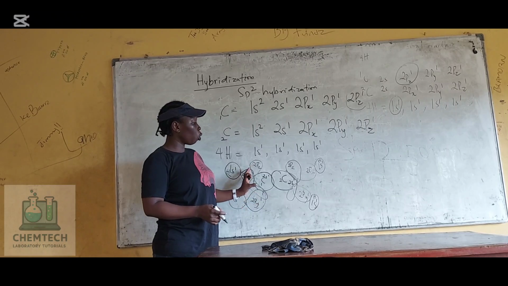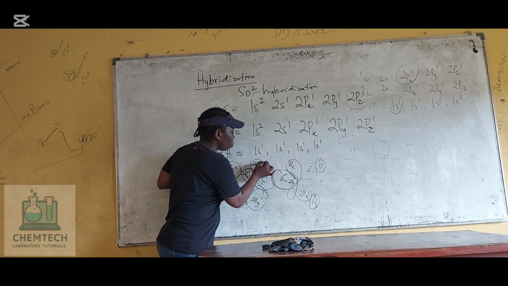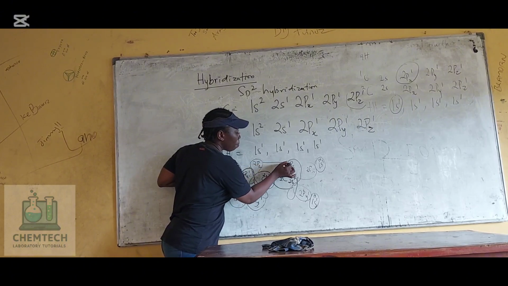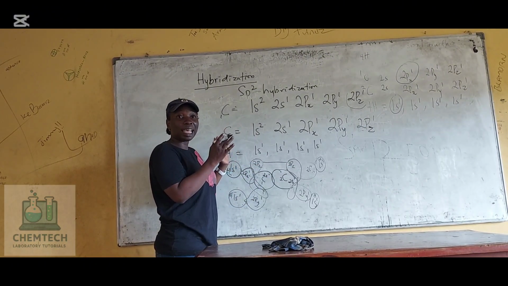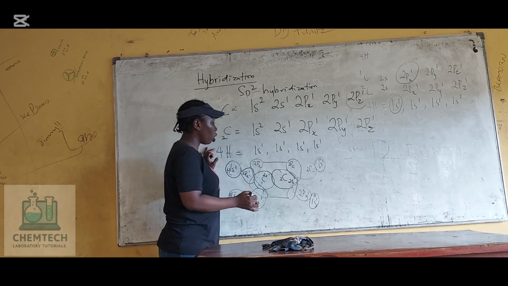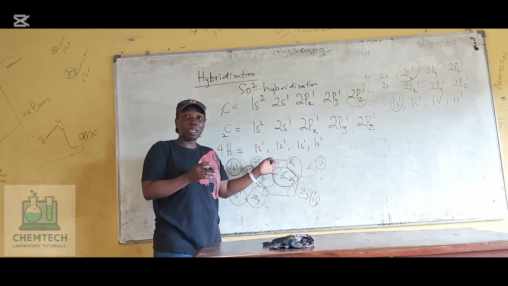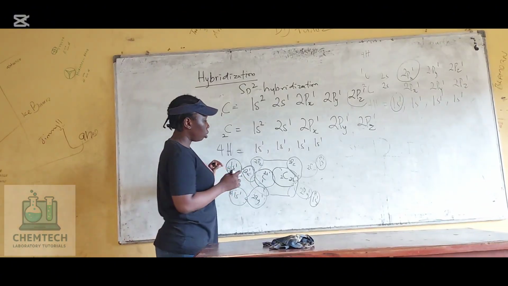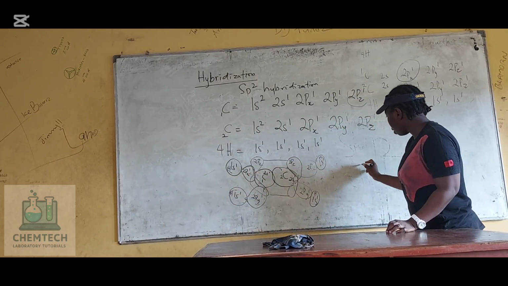So you are seeing the complete picture. And because they are not used for bonding, they will just combine laterally, side to side, to form a pi bond. So the formation of pi bond is by side to side overlap of what? P orbitals. So if you view this, it will be something like this.